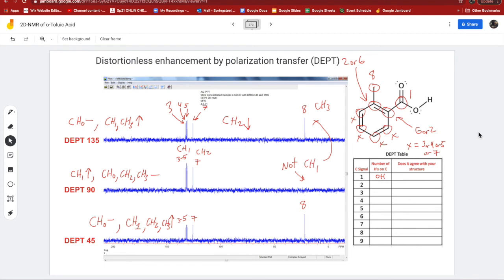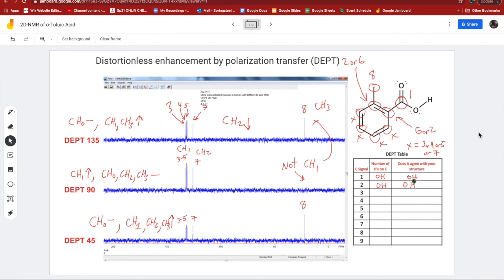This is supposed to be from the depth data. From the depth data, signal 1 didn't show up, so it's 0 hydrogens. On our structure, it also says 0 hydrogens, so it agrees. And now signal 2, I'm saying signal 2 is one of these, and it's the one that's missing. So that should be 0 hydrogens, and in our structure, we're predicting 0 hydrogens.